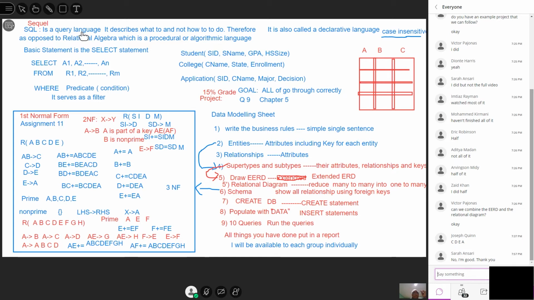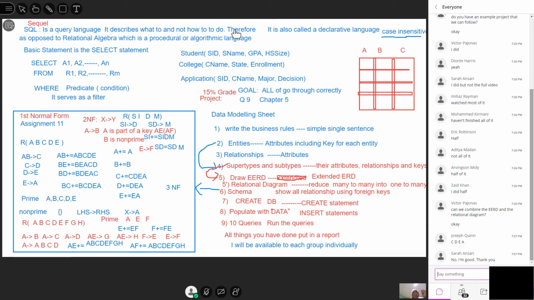Number one, it's a query language. What does that mean when we say it's a query language? That means it only makes a statement about what it wants, what's the result it's looking for. It's not telling you how to do it. If you remember, relational algebra is actually an algorithmic or procedural language, where for whatever result you're trying to get, you have to tell how you're going to get it.